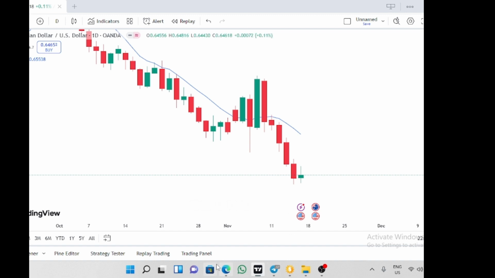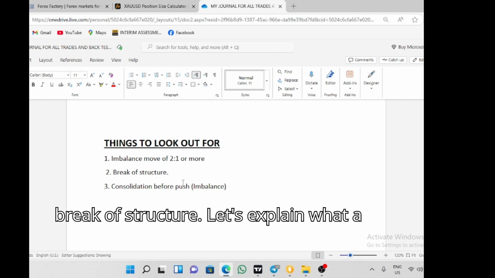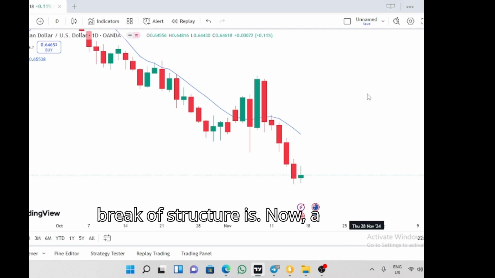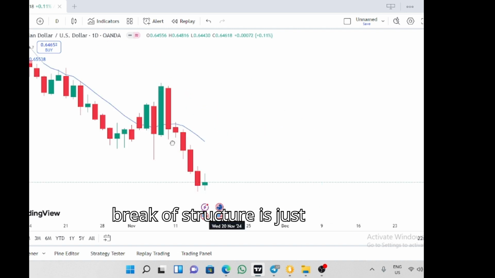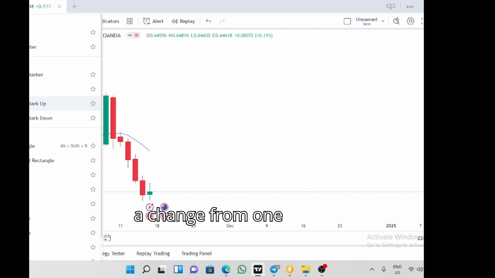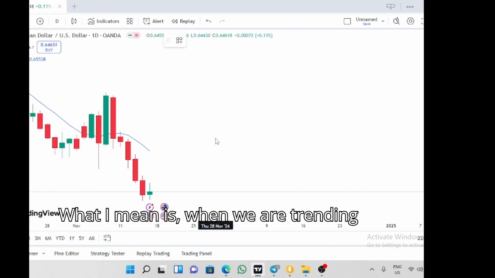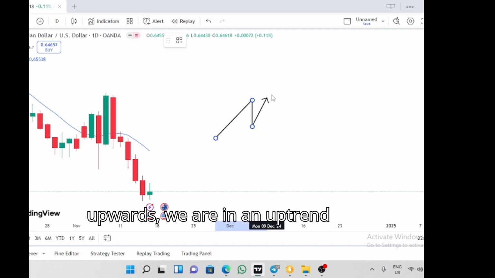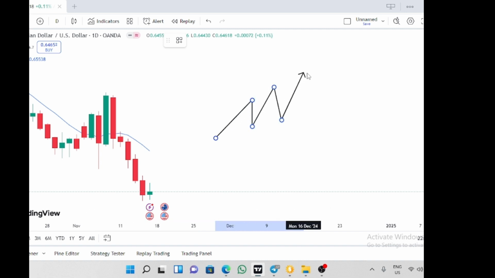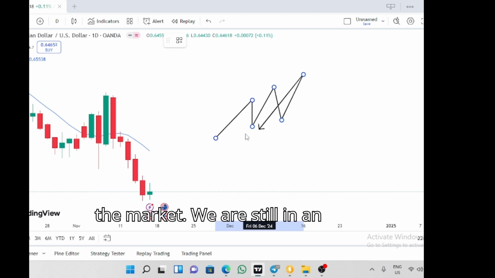Also, a break of structure. Let's explain what a break of structure is. A break of structure is just a change from one phase of the market to another phase. What I mean is when we are trending upwards, we are in an uptrend, and so far as we are not breaking the lows of the market, we are still in an uptrend.